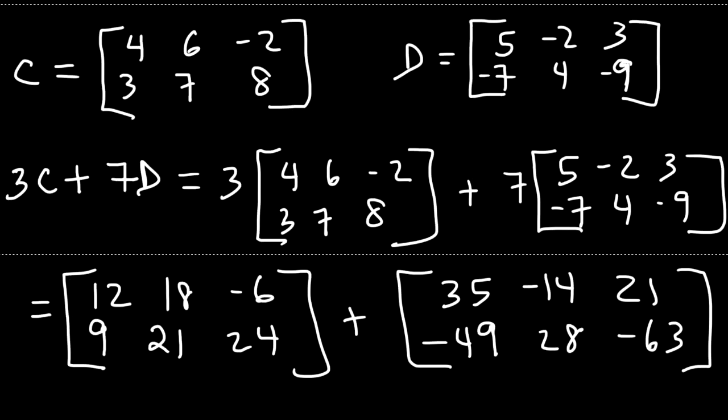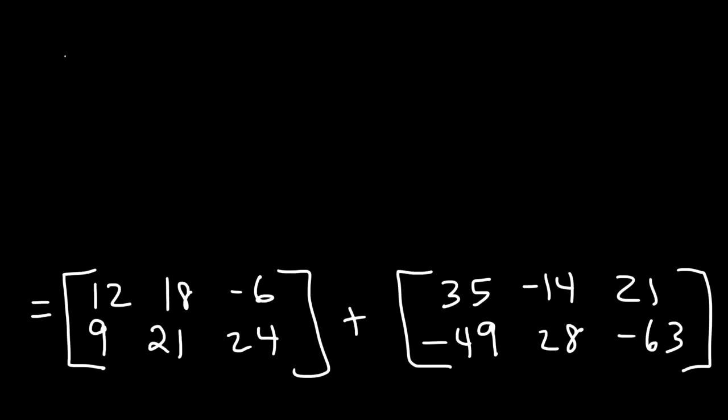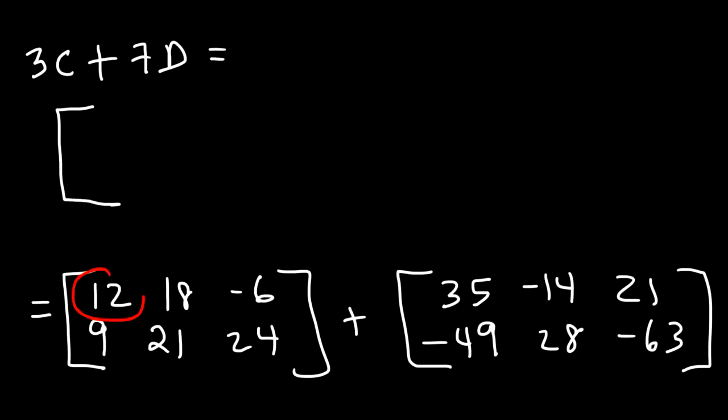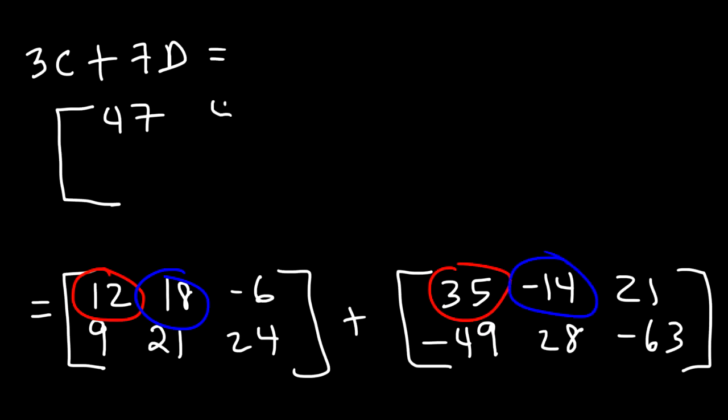Now let's add the two matrices to get 3C plus 7D. So first let's add 12 and 35. 12 plus 35 is 47. And then let's add 18 and -14, which will give us 4. And then -6 plus 21, so that adds up to 15.